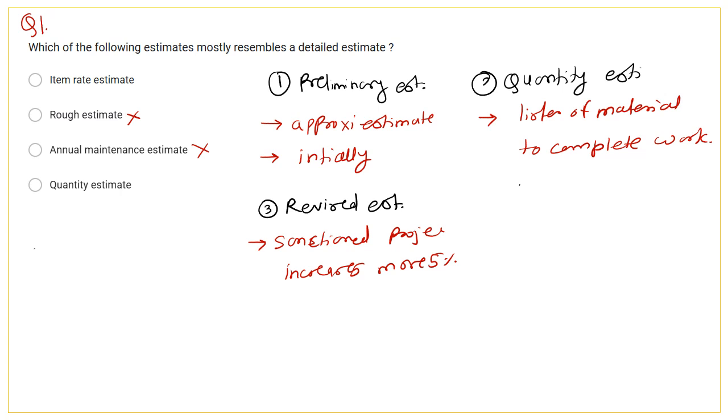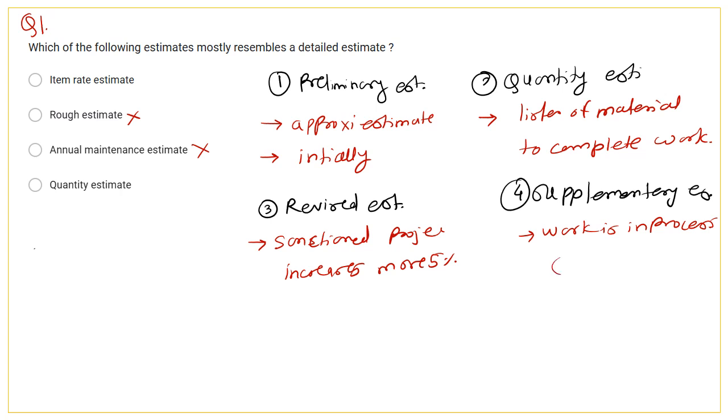The fourth is supplementary estimate. A supplementary estimate is when the work is in progress and some material may be required during the work progress, so that estimate is considered under the supplementary estimate.